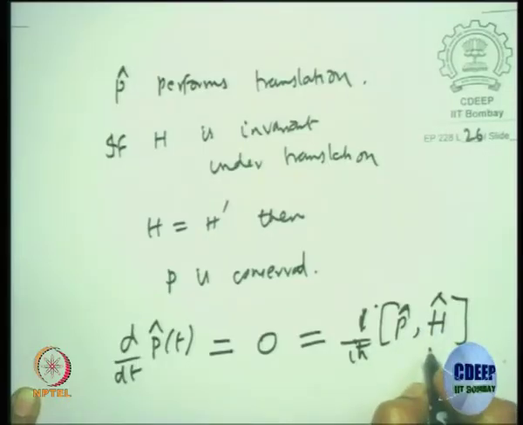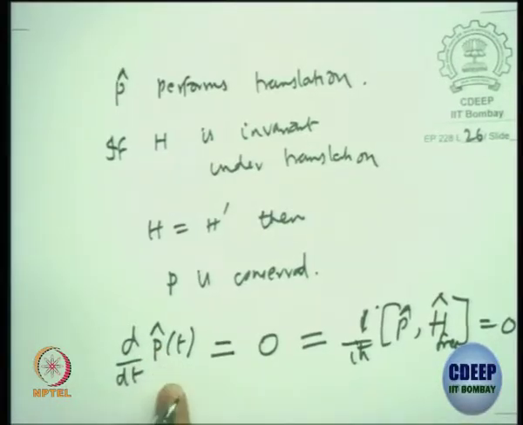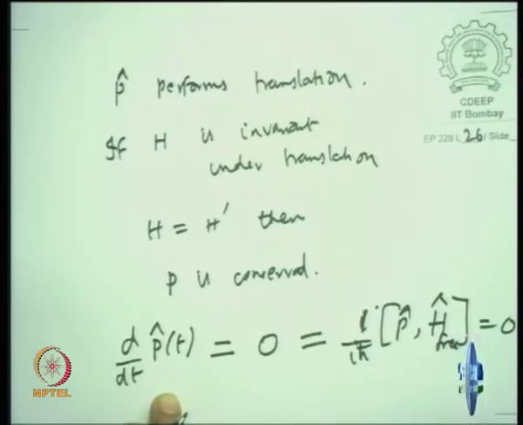Is this 0 for a free particle? For a free particle, it is 0. If this is 0, we know momentum is conserved, or matrix elements of the momentum operator do not change with time. It's a constant of motion.